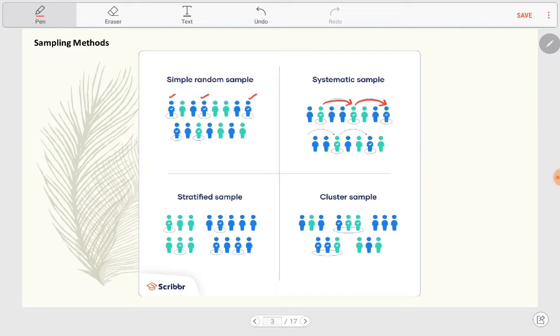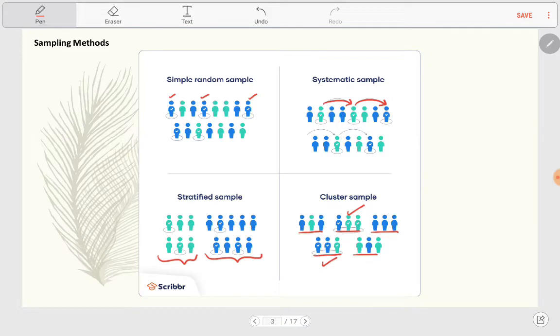And then I'm going to move to clustering just below. So you see here you have different groups, 5 groups in particular. And then with cluster sampling, you take the entire group. Now with stratified, here once again, you actually have 2 groups. And you can see the 2 groups have similar characteristics.